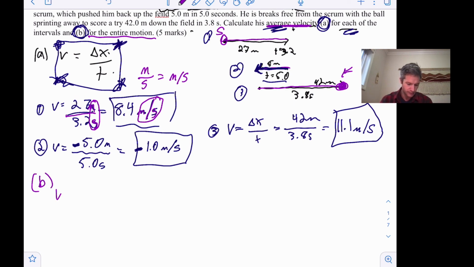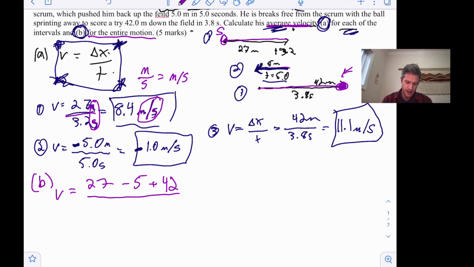Same equation, V equals, but we'll put each of the displacements in as they are. So 27 meters for the first segment, a -5 meters for the second segment, and then we have a +42 for the third. Okay, great.